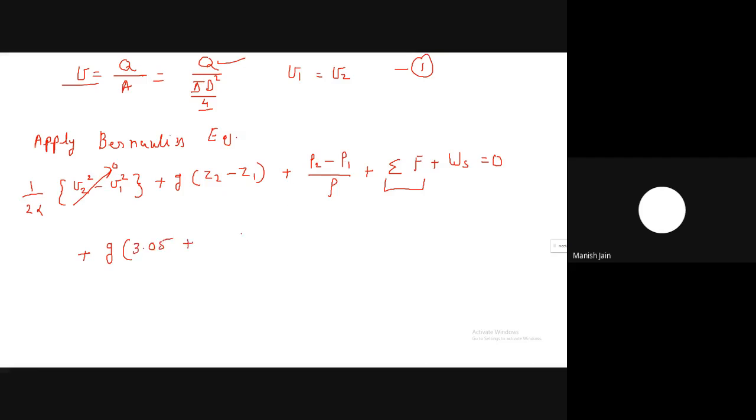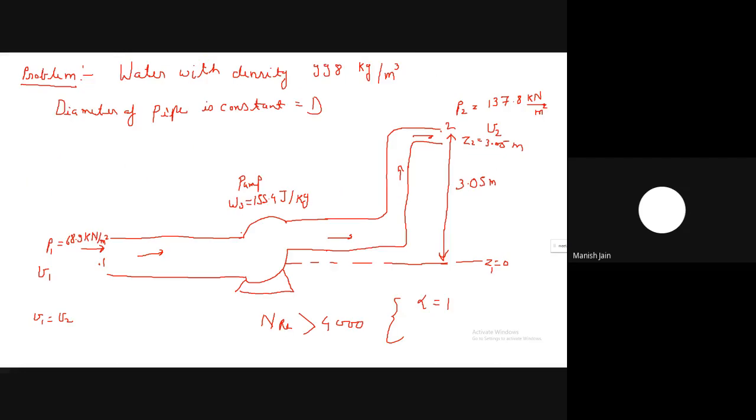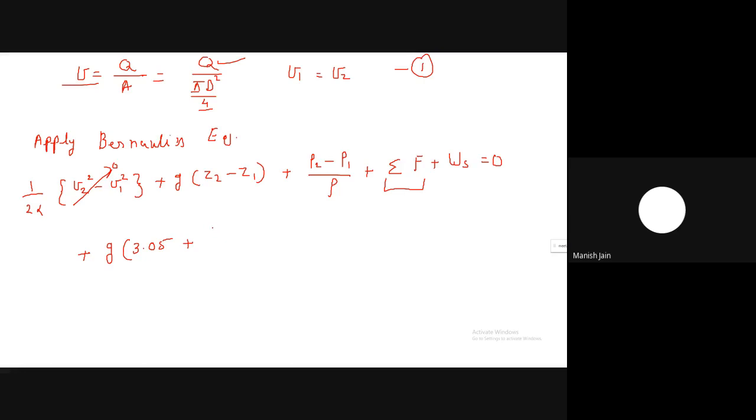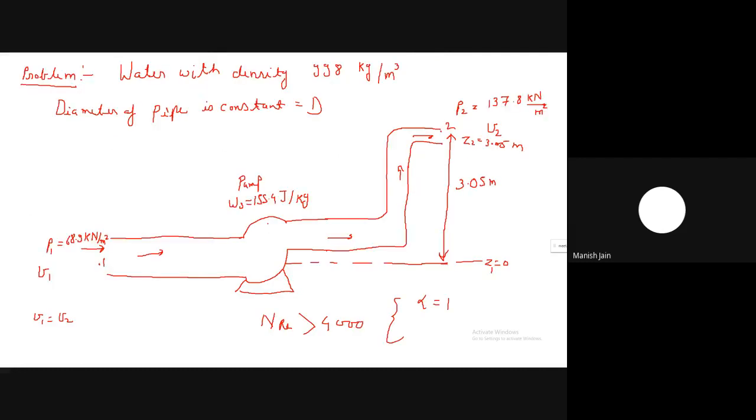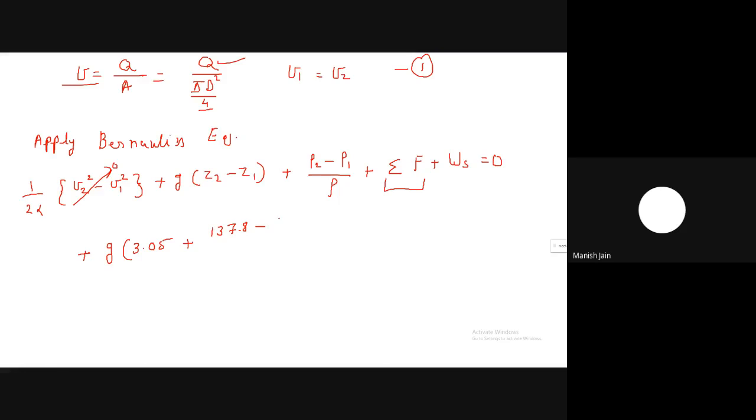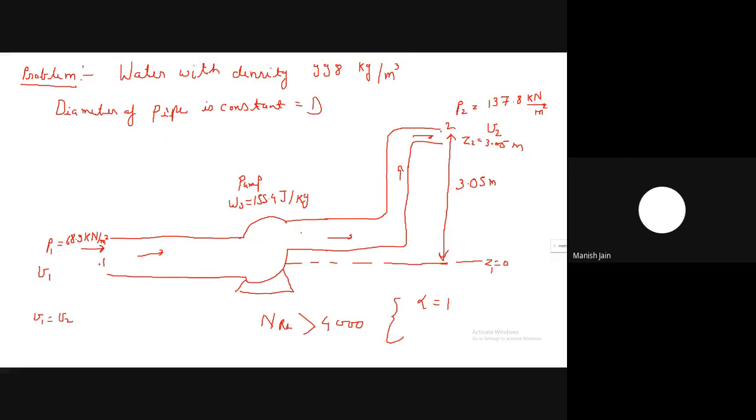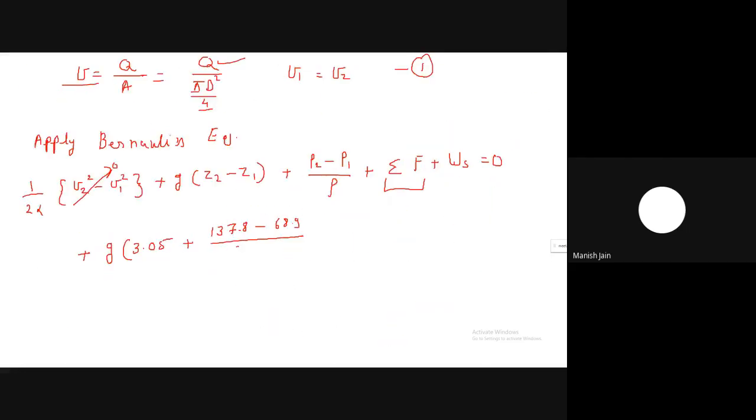plus P2 minus P1. So what is the value of P2? 137.8 minus 68.9, divided by rho. Rho is the density. The density value is given, 998 kg per meter cube. And what is the unit of pressure?